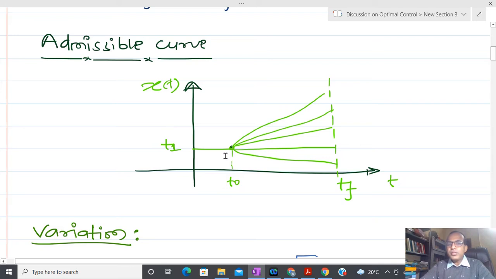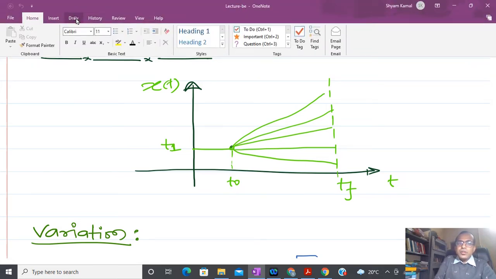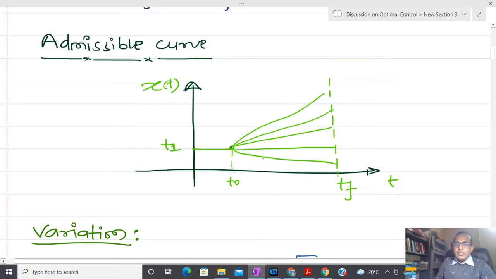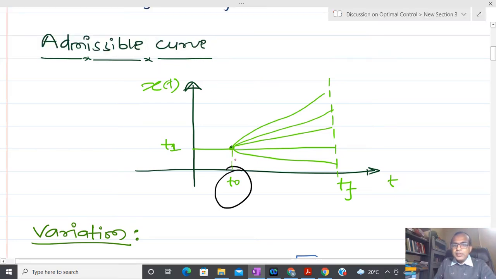If you see the admissible trajectory, I assume that I know t0, so this time is known to me. After that, I am assuming that corresponding to this time, the initial condition x(t0) is also known to me, and due to that reason, my trajectory is going to start from this particular point.